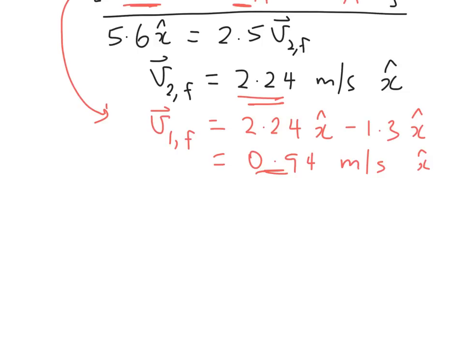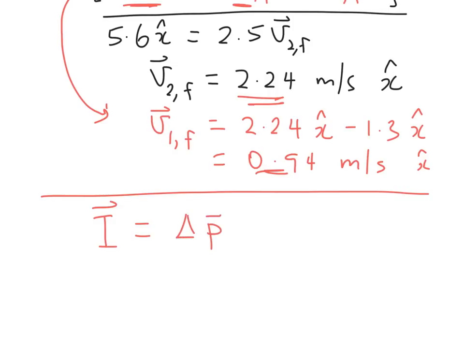And all you have to do is remember that impulse is equal to the change in momentum. And this refers to the 2m card, so you just have to find the change in momentum of the 2m card, which is 2m times the final velocity minus 2m times the initial velocity.